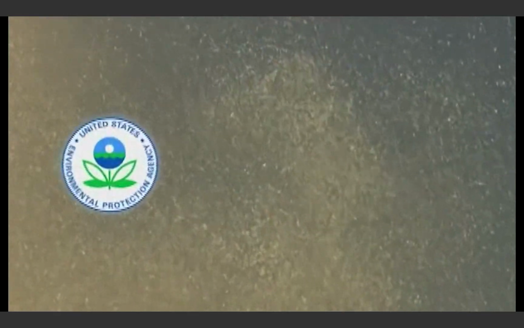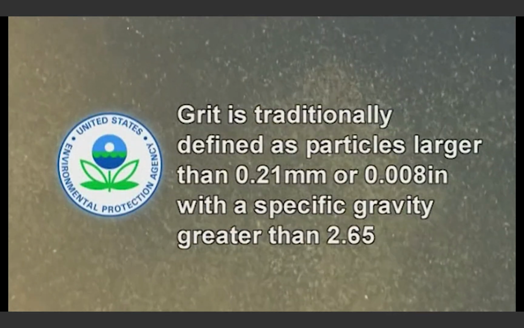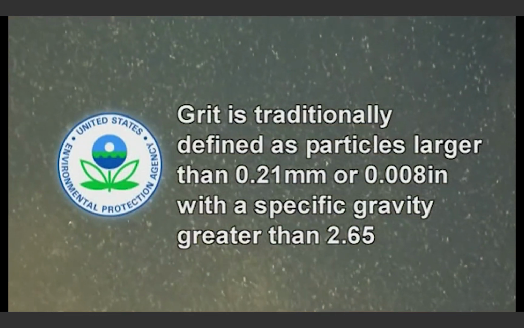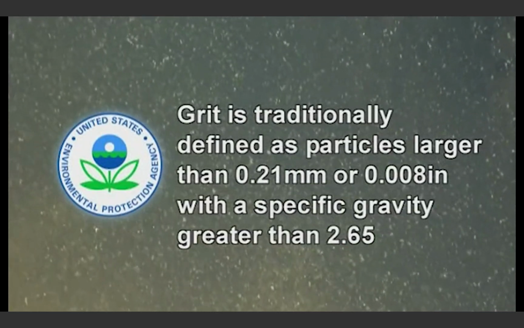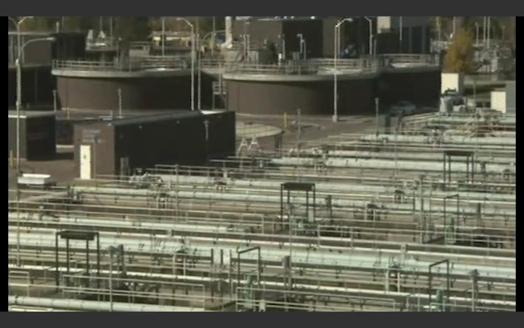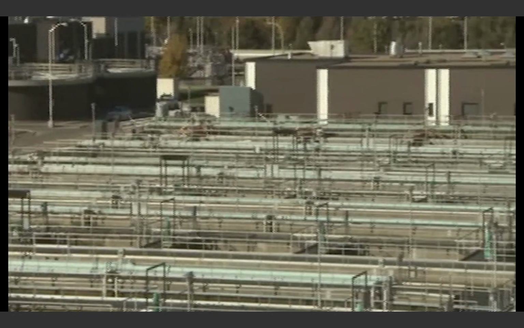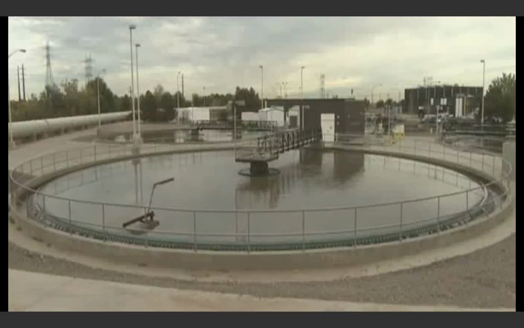According to the US EPA, grit is traditionally defined as particles larger than 0.21 millimeters or 0.008 inches with a specific gravity greater than 2.65. In most wastewater plants, the pre-treatment equipment has been traditionally designed to remove 95% of these particles. The most common and least expensive way to remove grit is through gravity.